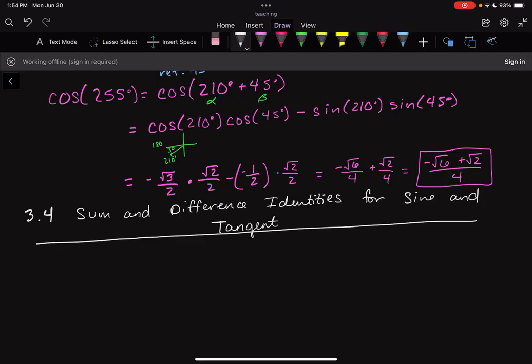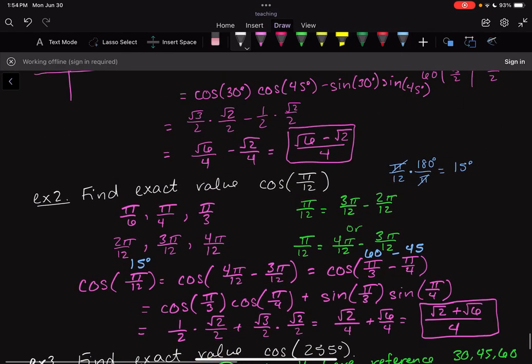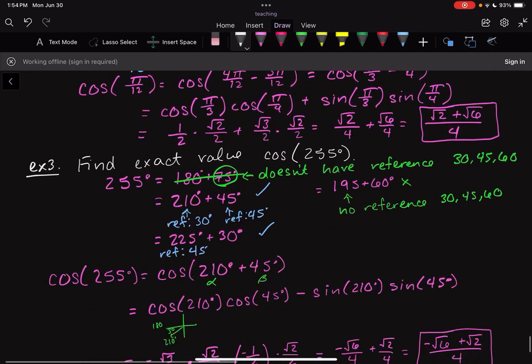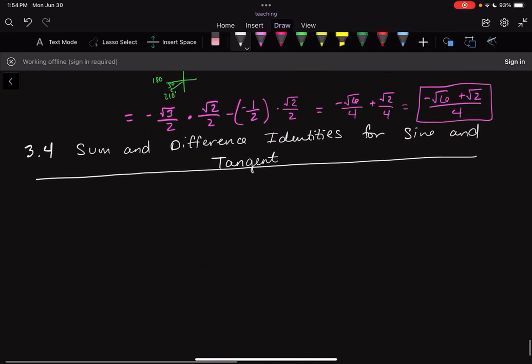Something else I'd like to bring up is that those cosine identities that I wrote for you in the beginning, those will be given to you on a formula sheet for test 2. So you do not need to remember those. Same thing with the ones I'm about to write for you. So the identities for sine are sine alpha plus beta is equal to sine alpha times cosine beta plus cosine alpha times sine beta.